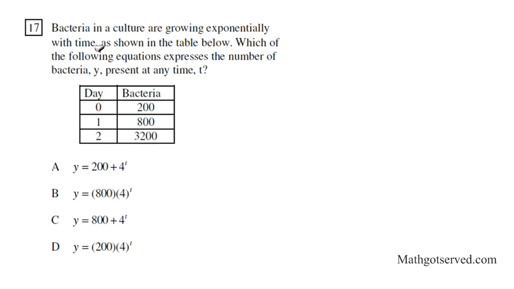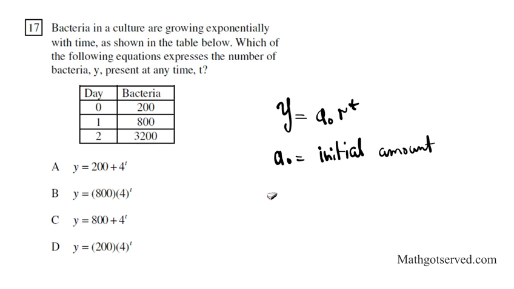Bacteria in a culture are growing exponentially with time, as shown in the table below. Which of the following equations expresses the number of bacteria y present at time t? So we're going to use the formula y equals a sub 0 times r to the t. Okay? A sub 0 is the initial amount, and then r is the rate.